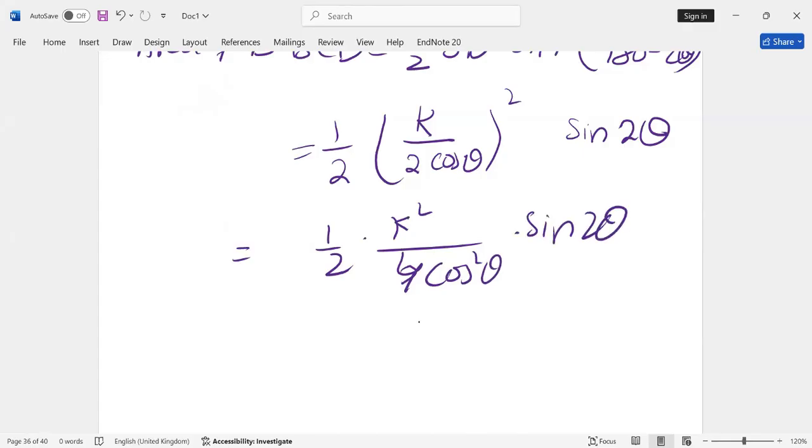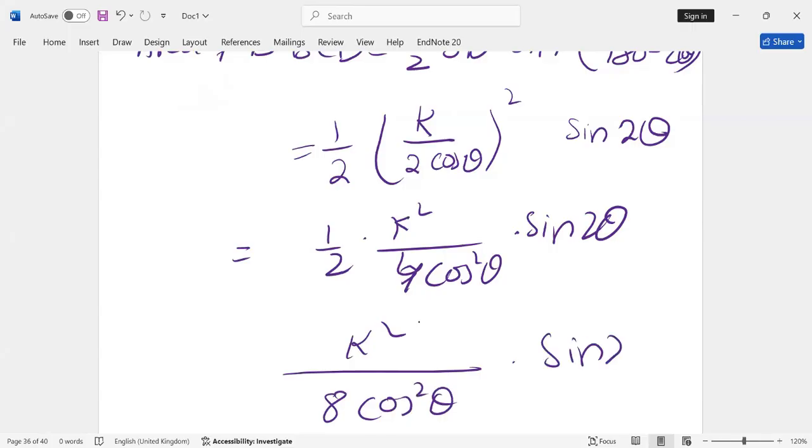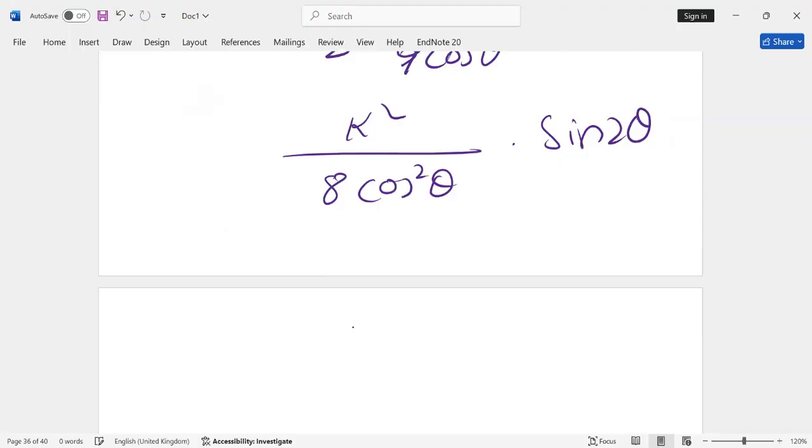All right, so we have K square by 8 cos square theta and sine 2 theta. Okay, now we have K square by 4, and if we open sine 2 theta, that is equal to 2 sine theta cos theta.